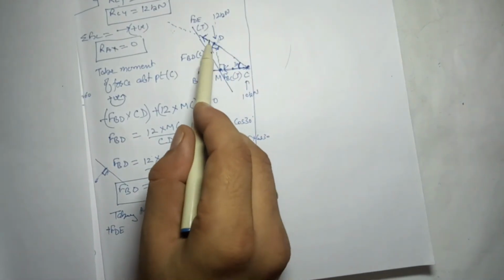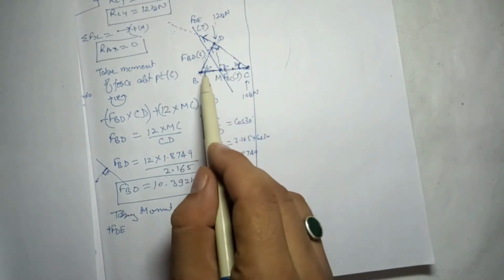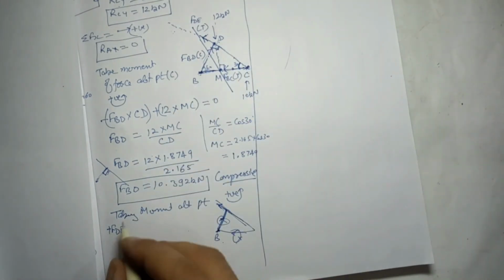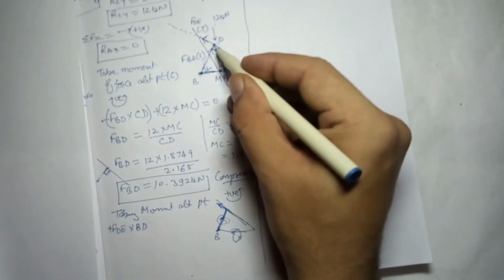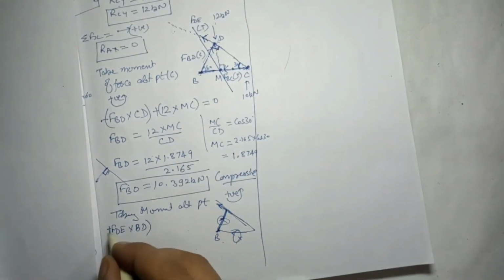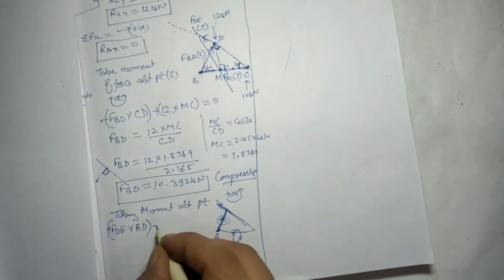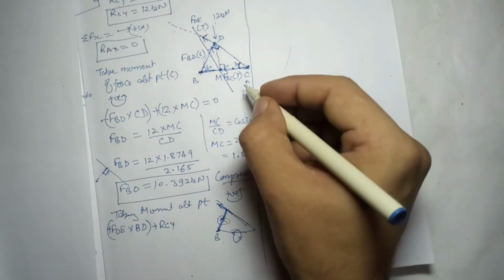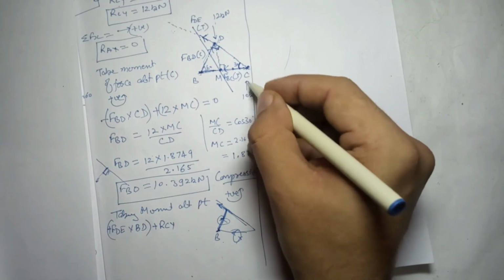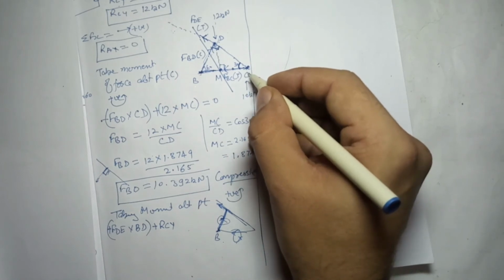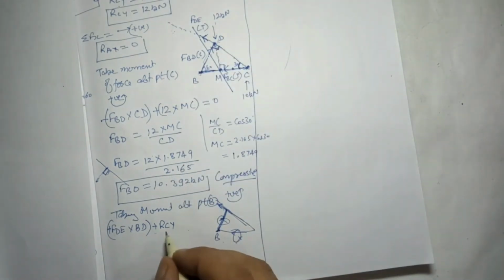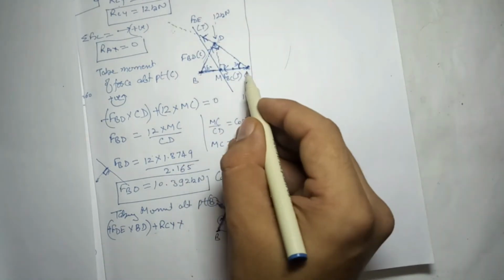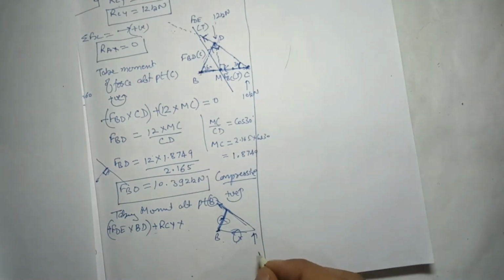About point B, it is going this way, so it will be anti-clockwise about point B. So FDE into the perpendicular distance, that is BD, this angle is 90, so this is the perpendicular distance, we have the value, plus RCY, we have calculated RCY, this one, RCY is 10 kilonewton, and about point B, RCY is also anti-clockwise, so that is why positive, into the perpendicular distance between RCY and point B.